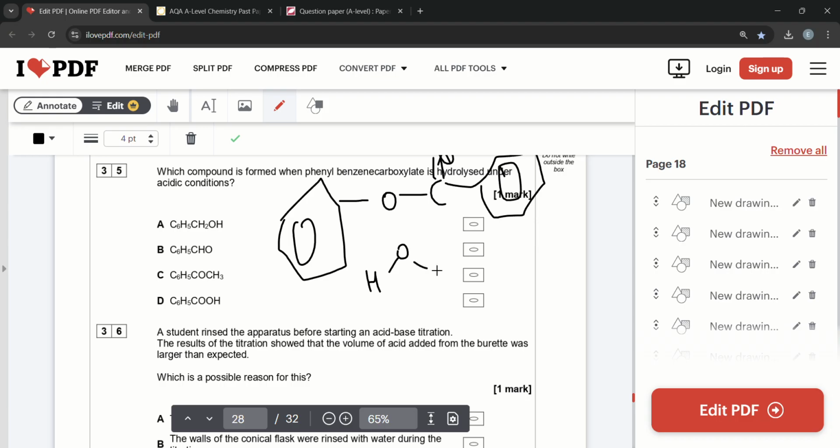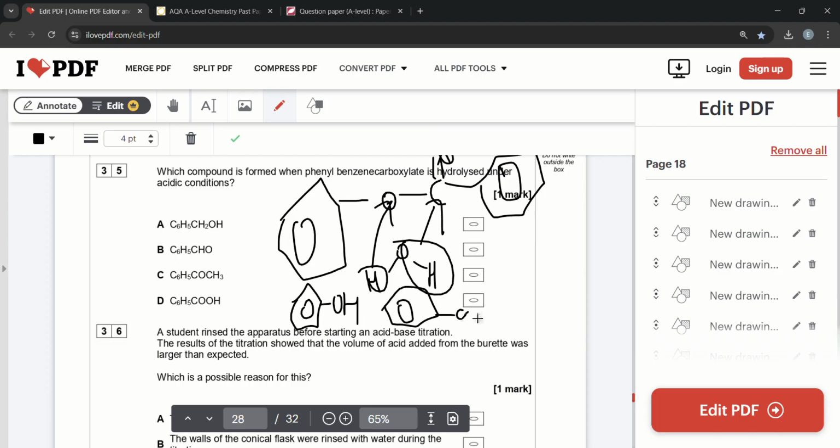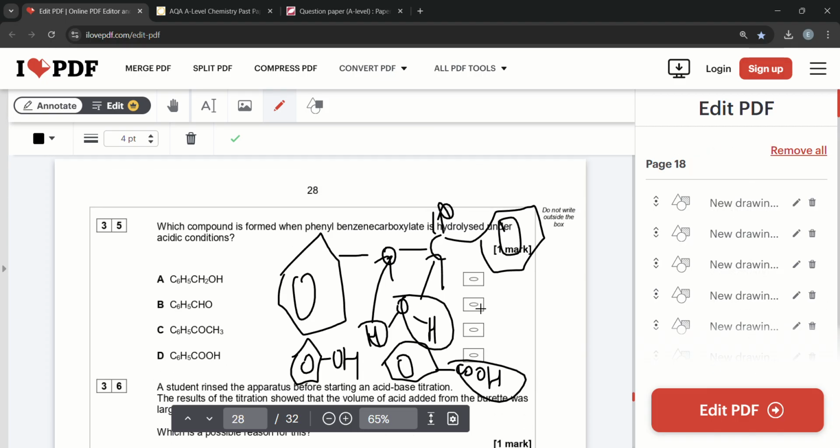Hydrolyzed, so we're adding water. This H is going to go here, this OH is going to go here, so we're going to have OH, and we're also going to have the carboxylic acid group. So the answer is D, that's the compound formed.